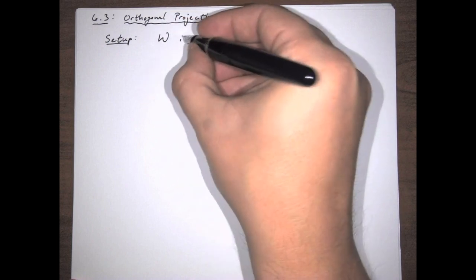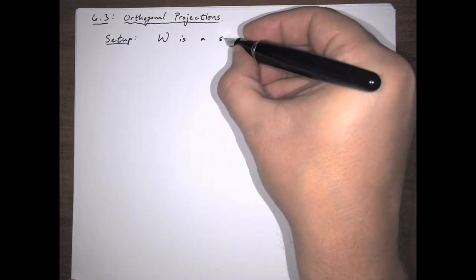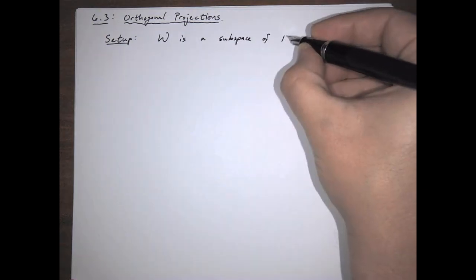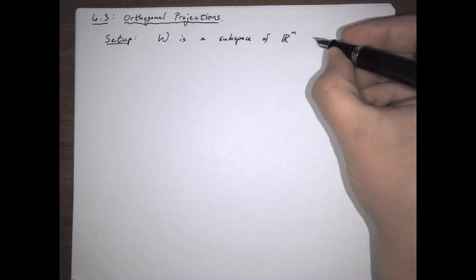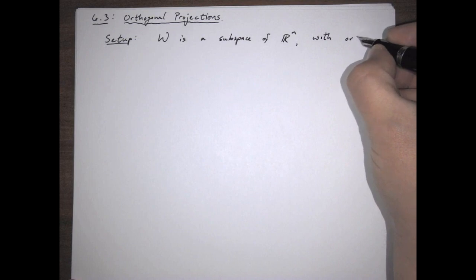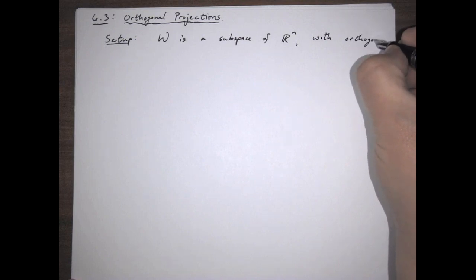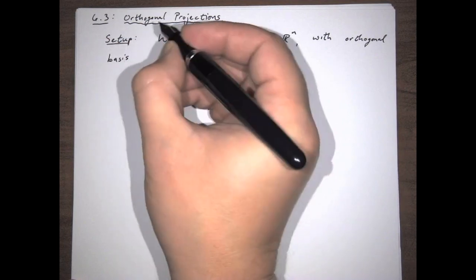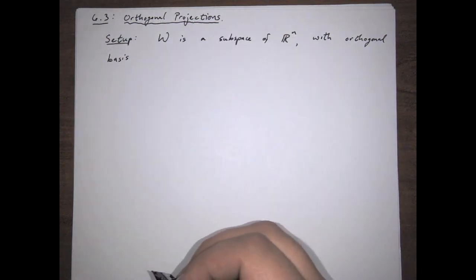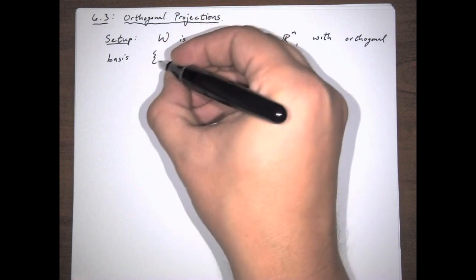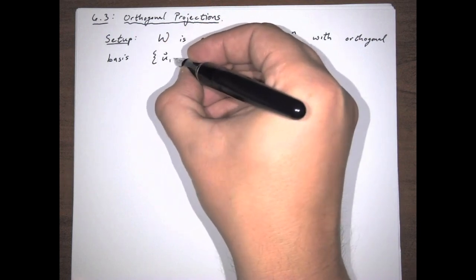So W is a subspace of Rn with orthogonal basis, meaning that this is a basis for W and each of the vectors is orthogonal to all of the others. So with orthogonal basis, U1 to Up.